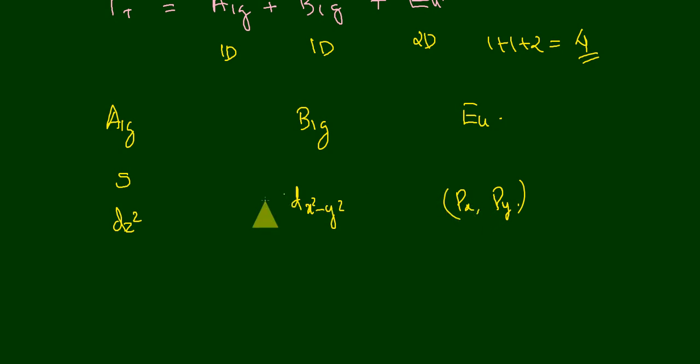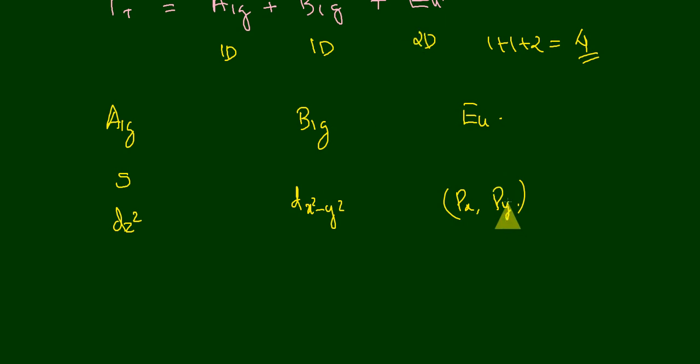So it is compulsory that one s-type orbital should be there. That is our result, right? One A1g plus one B1g plus one Eu. So one of the A1g orbitals, whether it is s or dz square, and one of the B1g, there is only one B1g type, that is dx square minus y square.